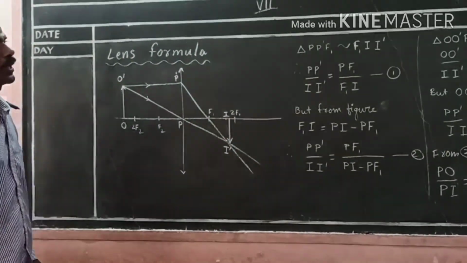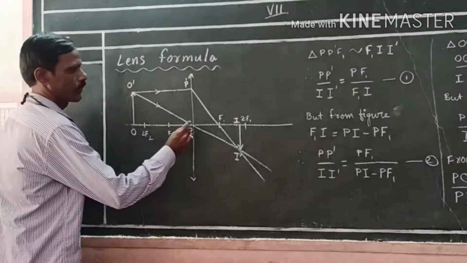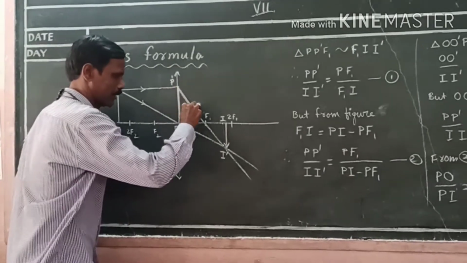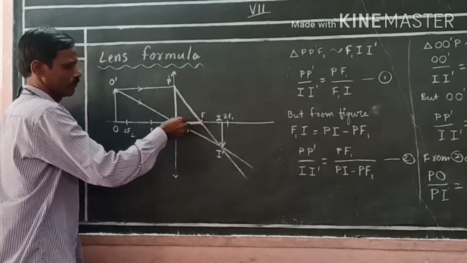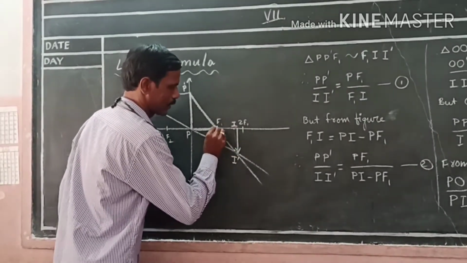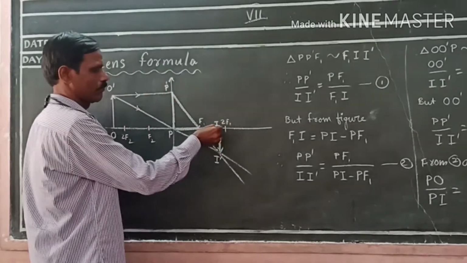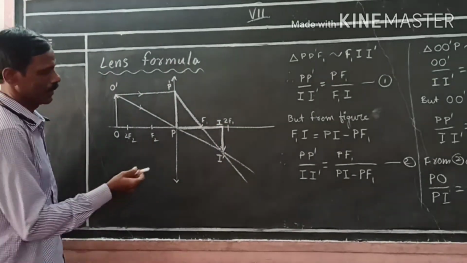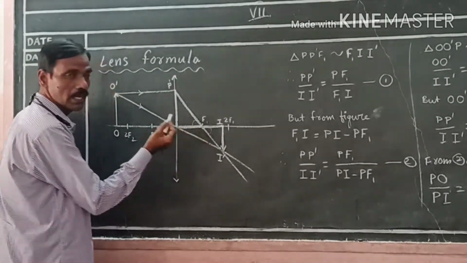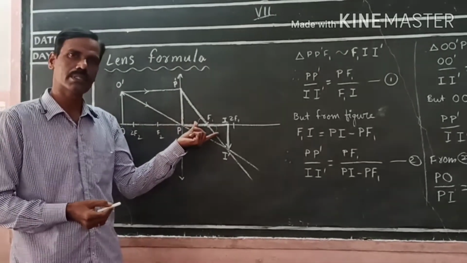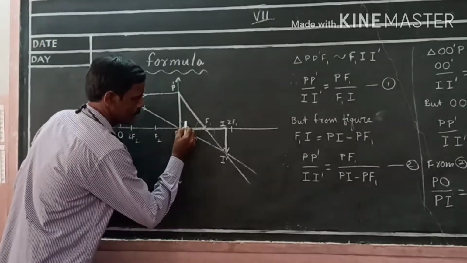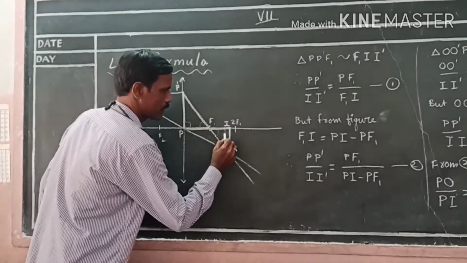Now in this diagram we can observe that two triangles are similar to each other: triangle PP'F1 is similar to triangle F1II'. Why are they similar? From the figure you can observe that these two angles are vertically opposite and equal, and this is a right angle and this is also a right angle.